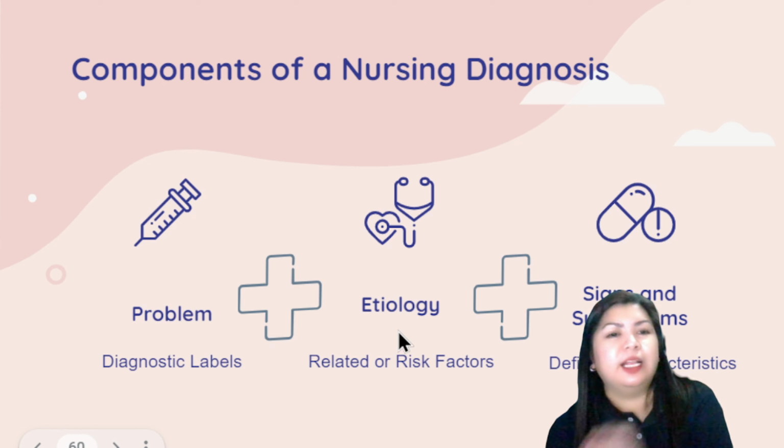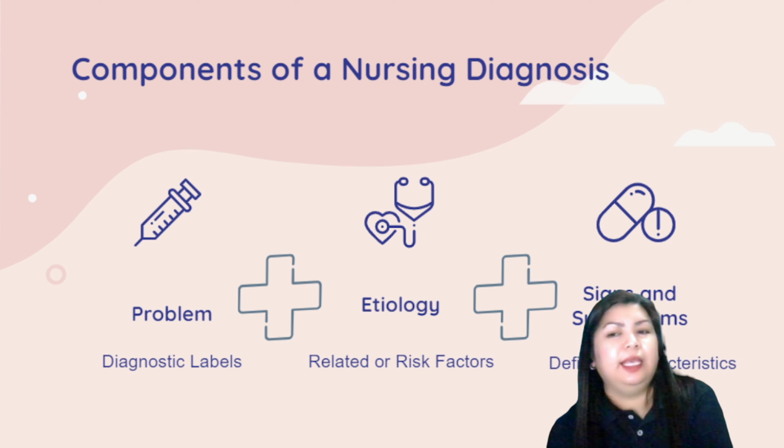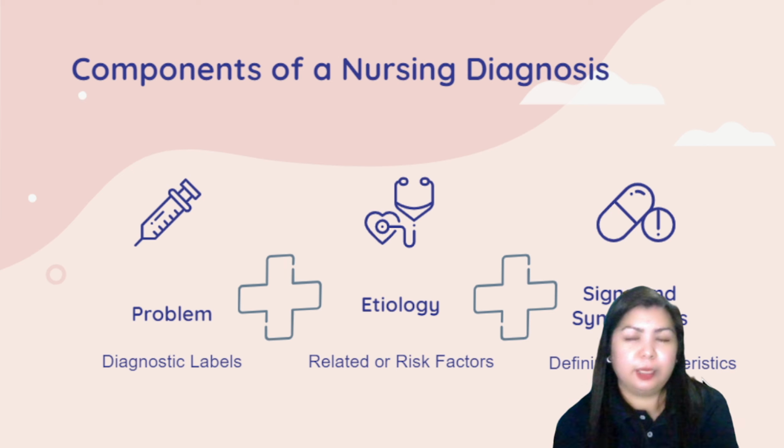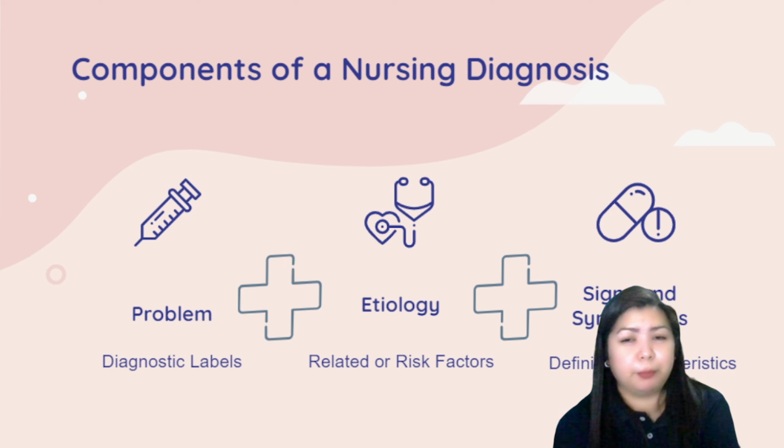Then you have your etiology, or the related or risk factor present in your patient, and the manifestation, or the signs and symptoms of the problem. We call this the defining characteristics. How are you able to say that this is the diagnosis of your patient?